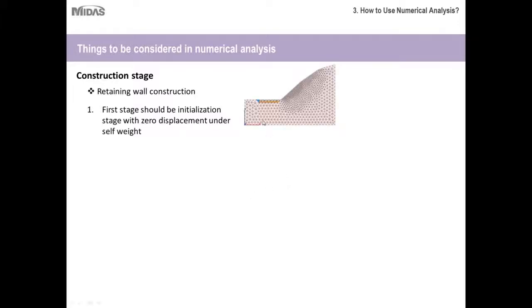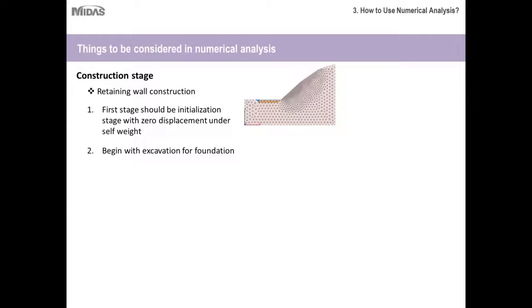So you'll just model the existing soil strata in whatever state it is, and set the displacement after this stage as 0. This means that whatever has happened prior to our construction is our initial condition now, and whatever happens thereafter is something we'll monitor.